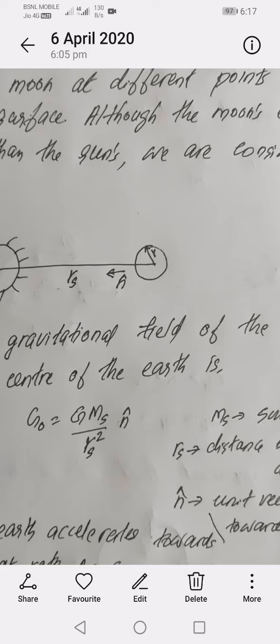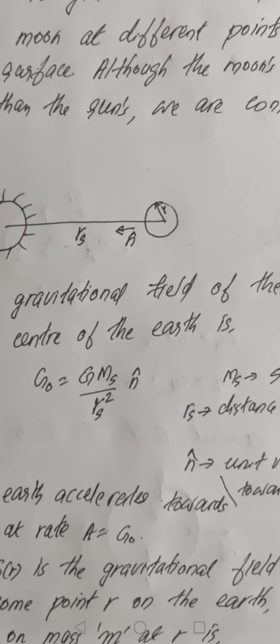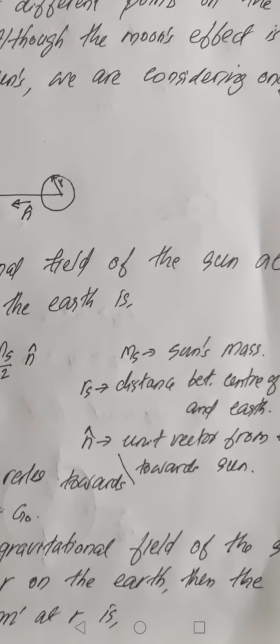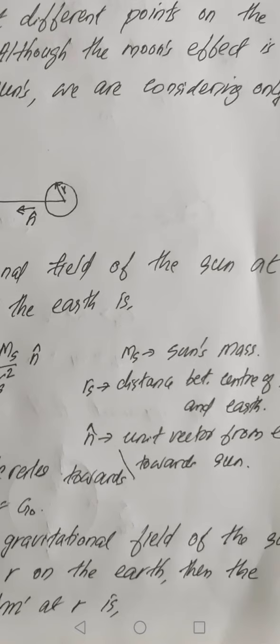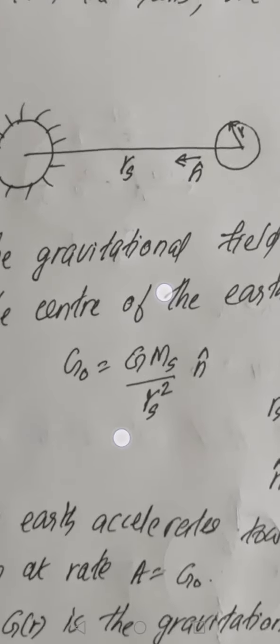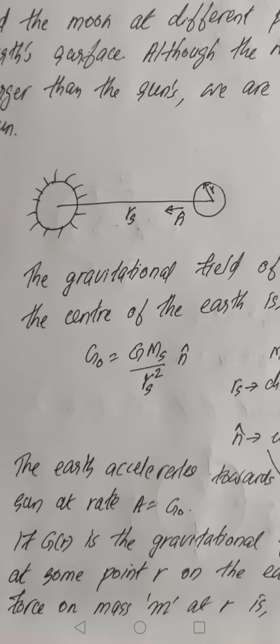It is G Ms by rs square into n cap. Ms is the Sun's mass, rs is the distance between the center of Earth and Sun, and n cap is the unit vector from Earth towards Sun. Therefore G0 is G Ms by rs square n cap.